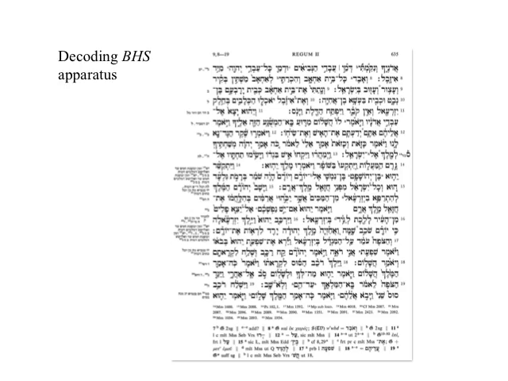The present purpose is to work on how to decode the apparatus of the BHS. And we're going to work on an example from 2 Kings chapter 9 for the student who would like to follow along in their copy of the BHS.